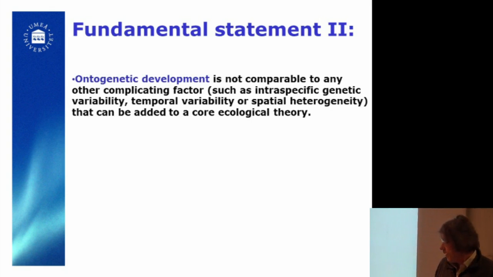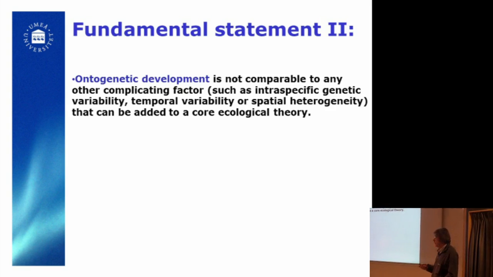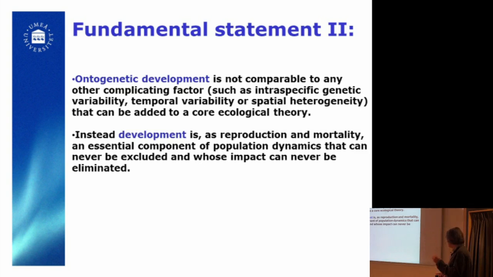The second statement is another strong statement, which I quote here: ontogenetic development is not comparable to any other complicating factors like interspecific genetic variation, stochastic variation, or spatial heterogeneity, however important they are. It's not something that can be added to a core ecological theory. It is instead essential.